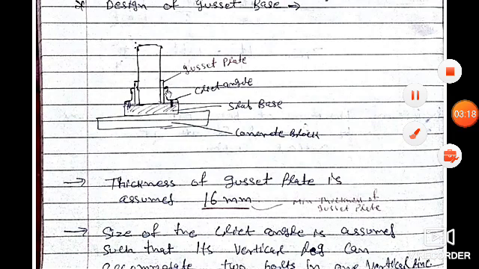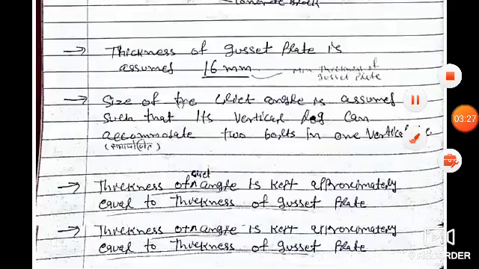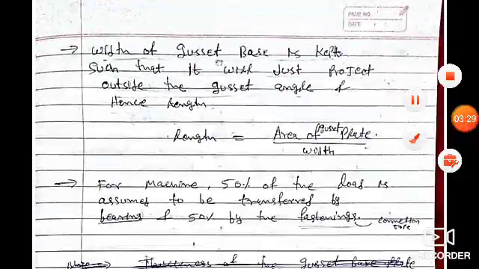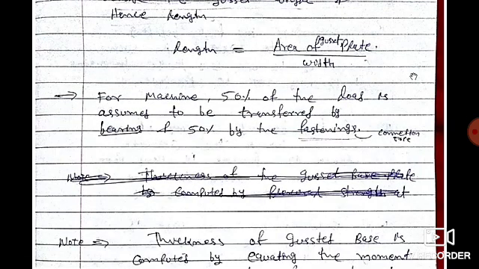This height should be more than the gusset angle. So the width of the gusset base is kept such that it just projects outside the gusset angle. So this is the formula: length is equal to area of gusset plate divided by width.